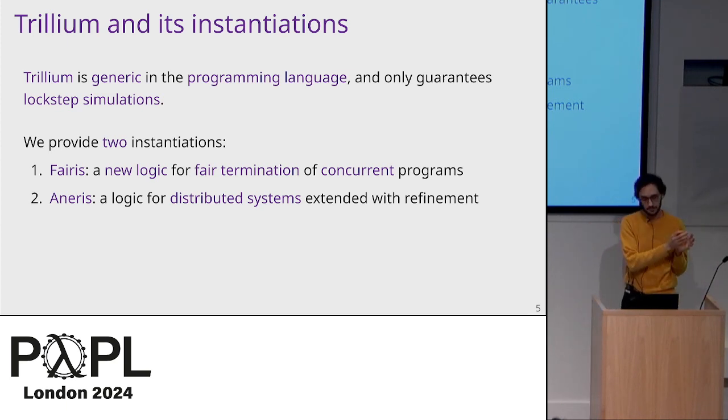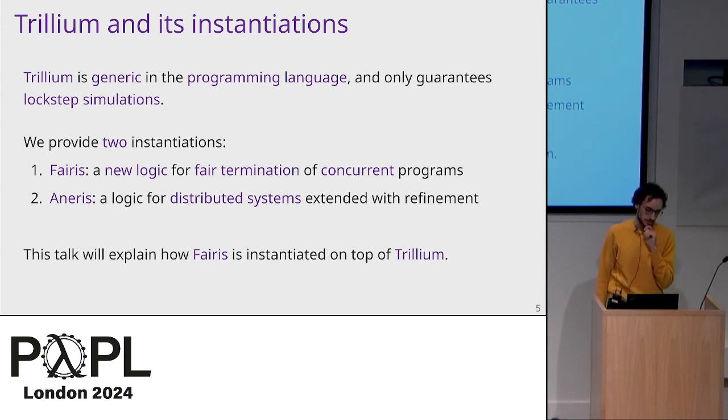And so now you can prove refinements of distributed systems. But in that case, the refinements are not fairness preserving. So in the remainder of this talk, I will only talk about Fairis. I will give you a taste of how the instantiation on top of Trillium works, and how we use Trillium to prove termination of concurrent programs.